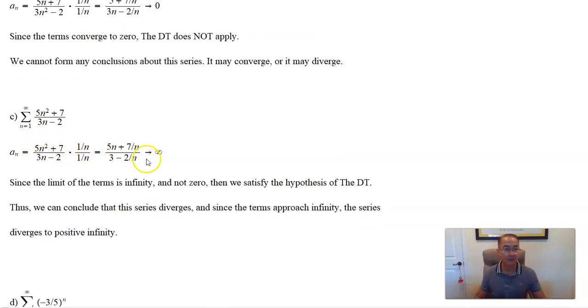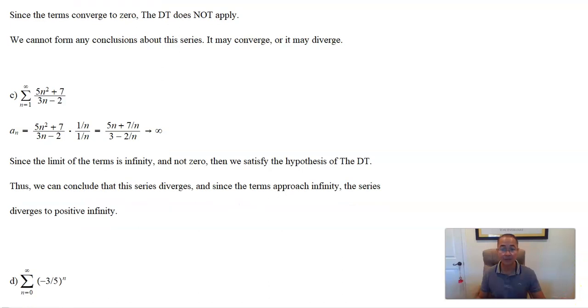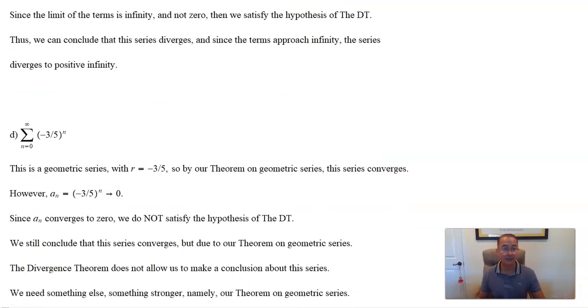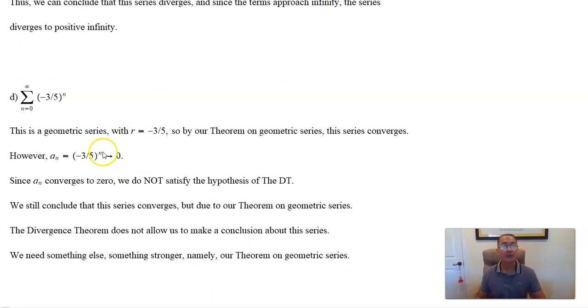This one, the terms go to infinity. We can conclude that the series diverges, and in fact diverges to positive infinity. Geometric series: we use the theorem on geometric series to conclude that this series does converge, not the divergence test.